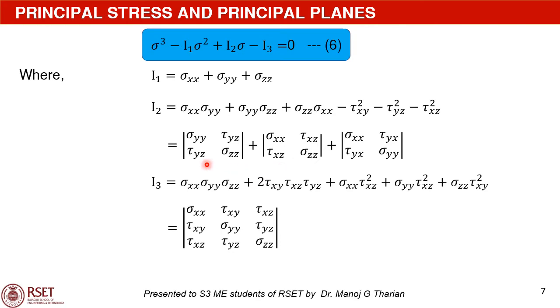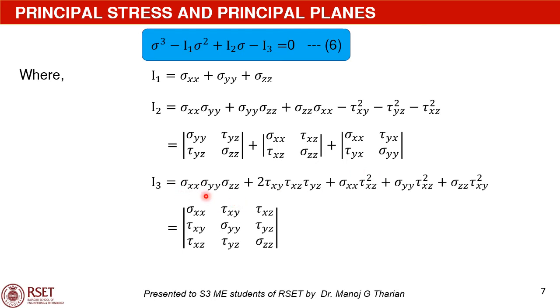The first submatrix is obtained by eliminating the row and column containing sigma xx from the given stress matrix. The second submatrix is obtained by eliminating the row and column containing sigma yy in the given stress matrix, and the third submatrix is obtained by eliminating the row and column containing sigma zz in the given stress matrix.